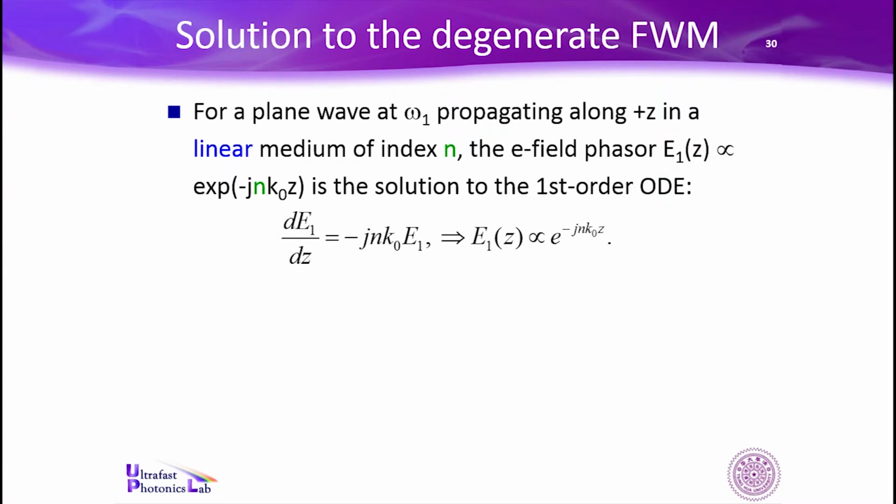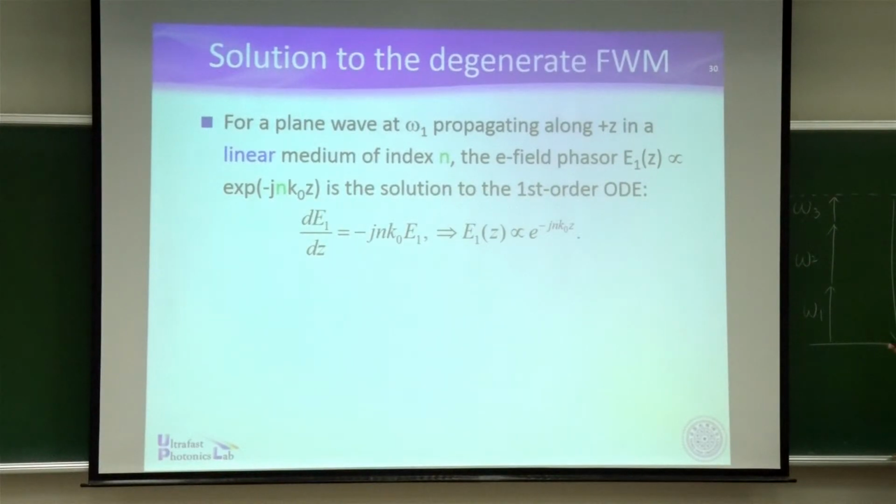Given we have a differential equation, the next thing is to try to find the solution. So let's consider an easier example. Say a plane wave at frequency omega 1 propagating along positive z in a linear medium without any nonlinearity, and the medium has an index n.